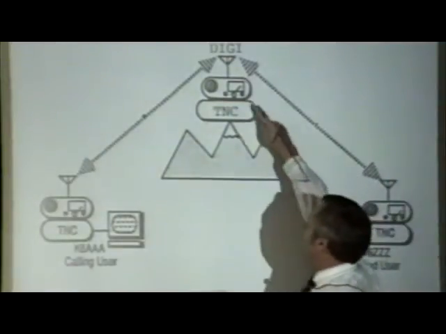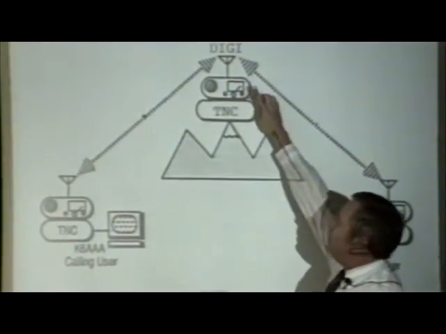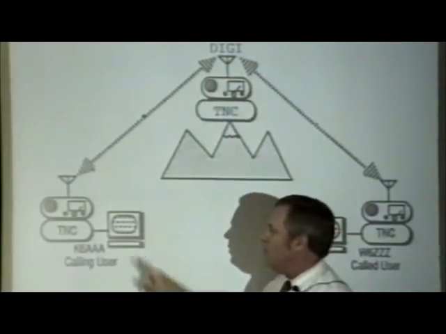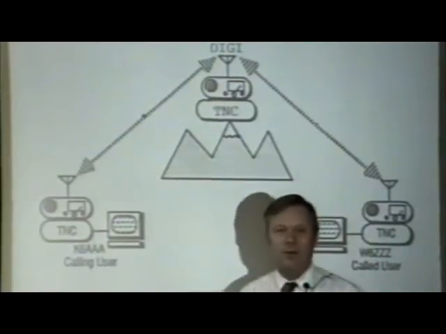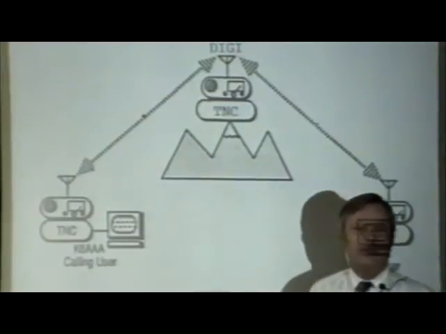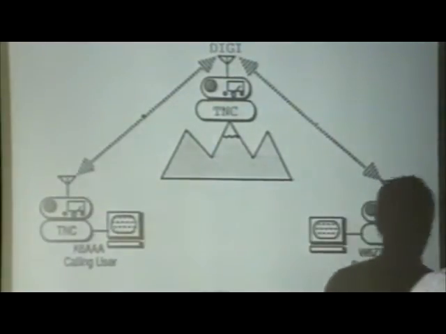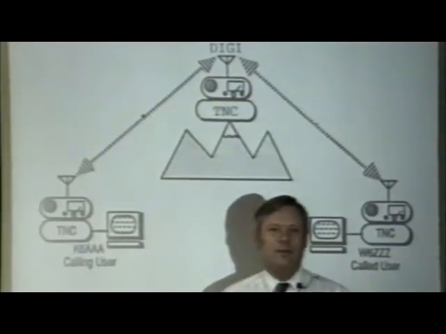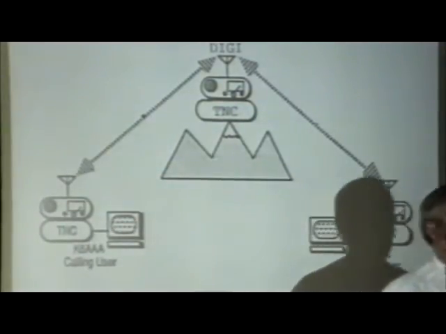Anyway, notice something interesting. We have a radio and a TNC. We just don't have a terminal connected here, although we could. That says, well then, can't this guy be a digi? And the answer is yes.